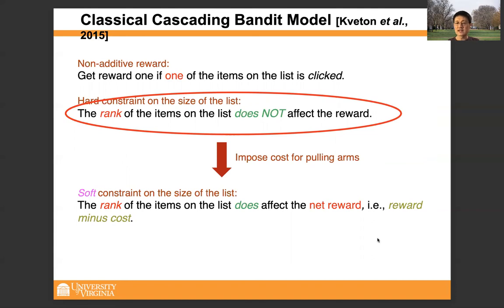So in order for us to really utilize this for our own mobility problem, we have to make some changes. The first change is that we are going to relax the constraint on the size of the list. The second is that we're going to impose a cost of pulling arms, because this is the same philosophy as the previous example. Pulling arms in this case means we're going to switch to another base station, and this obviously involves cost because we do not want this to happen too often.